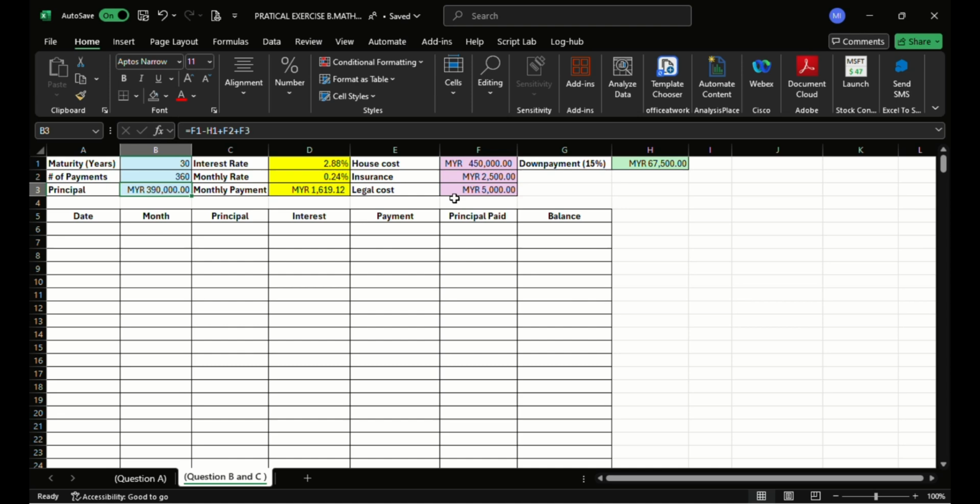After you find the base interest rate, you need to find the monthly rate and monthly payment. The monthly rate is very easy: just the base interest rate divided by 12.